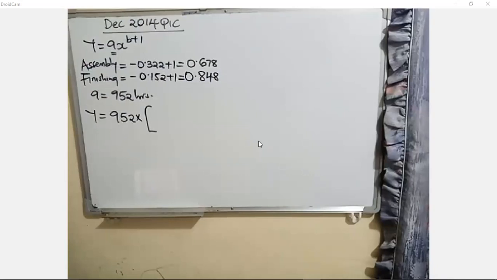My X right now is how much? We're producing 2 cars. Purity, can you give it a trial? 2.